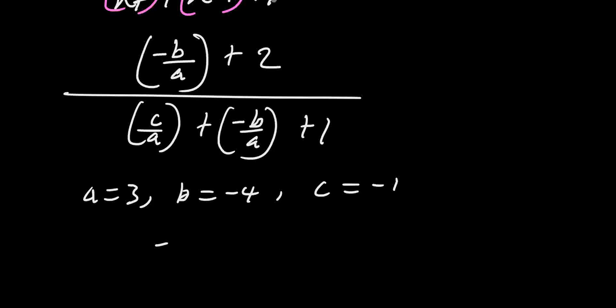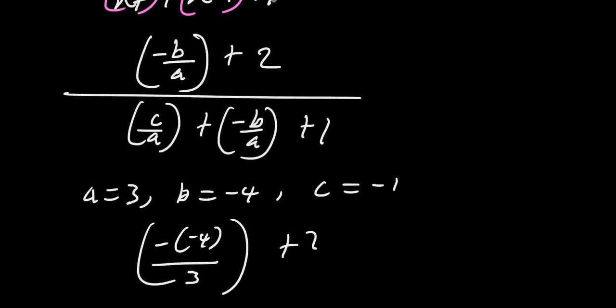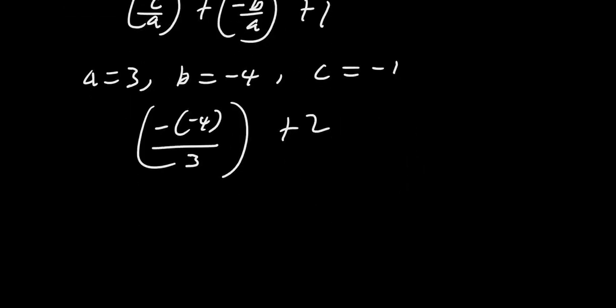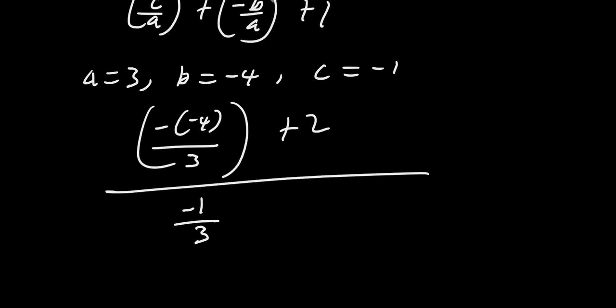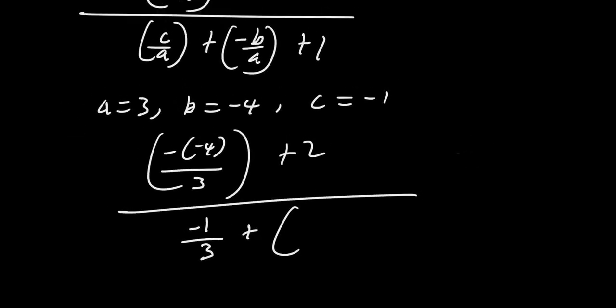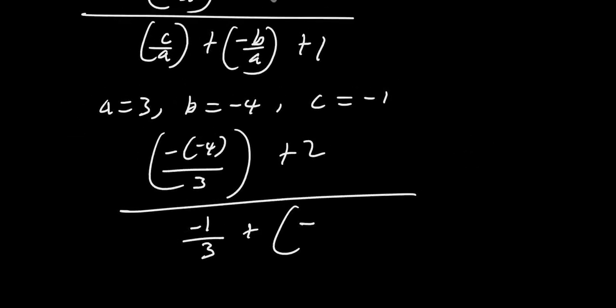Negative 4 over a, which is 3, plus 2, over c over a, which is negative 1 over 3, plus negative 4 over 3, plus 1.